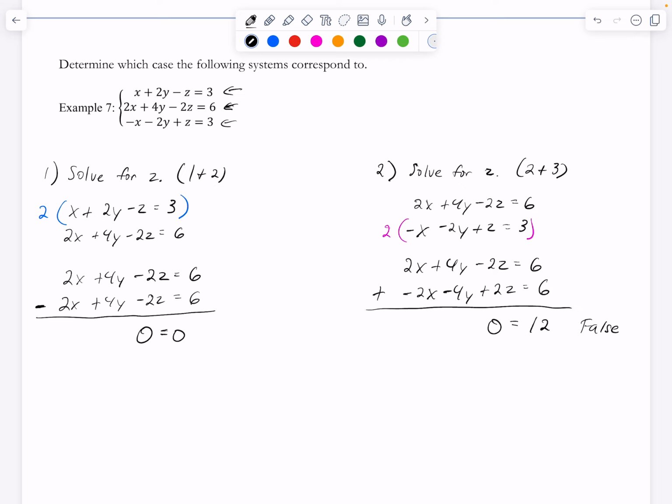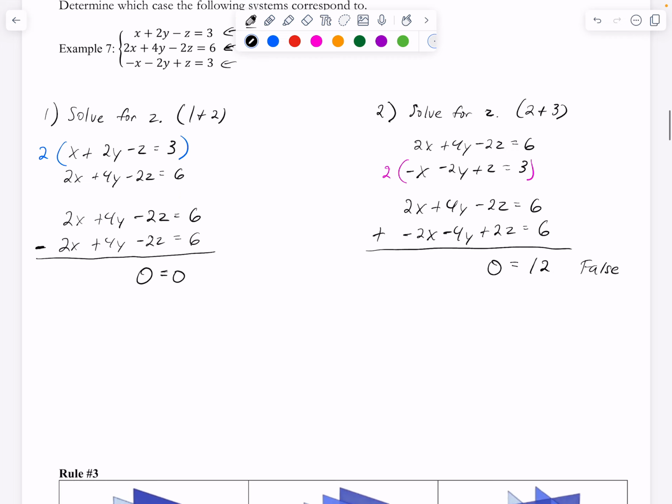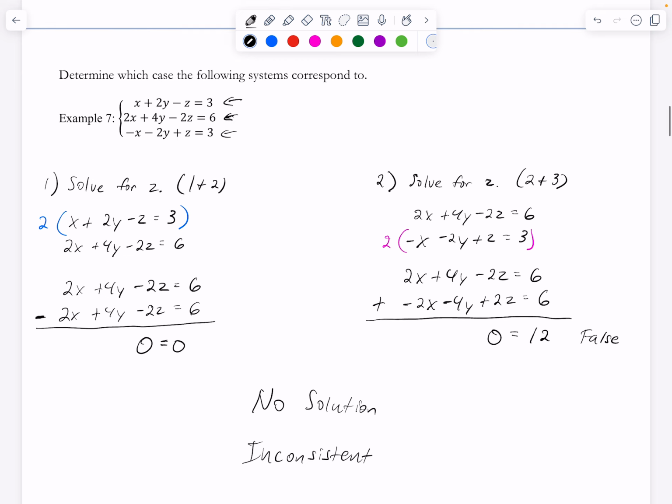Yes, 2 of the planes are the same, they're right on top of each other, but we need all 3 to intersect at some point or line or plane. And that doesn't happen here, so we're going to write no solution. This is an inconsistent system. All right, so that is example 7.